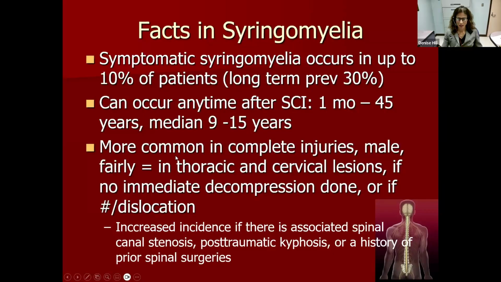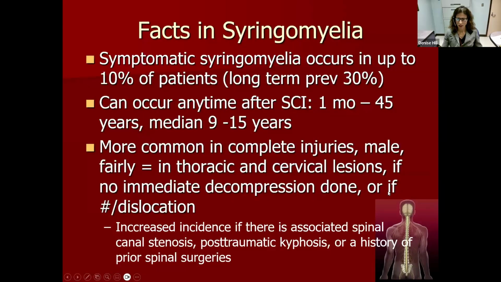The significant syrinxes are more common in complete injuries, male, which is thought to be because they might tend to be involved in higher speed or more intense injuries. Syrinxes are usually similarly prevalent in thoracic and cervical lesions. And then they're felt to be more common if there wasn't a significant decompression done, which perhaps might have been the case when I was training, but now we are usually seeing that patients have a decompression initially.